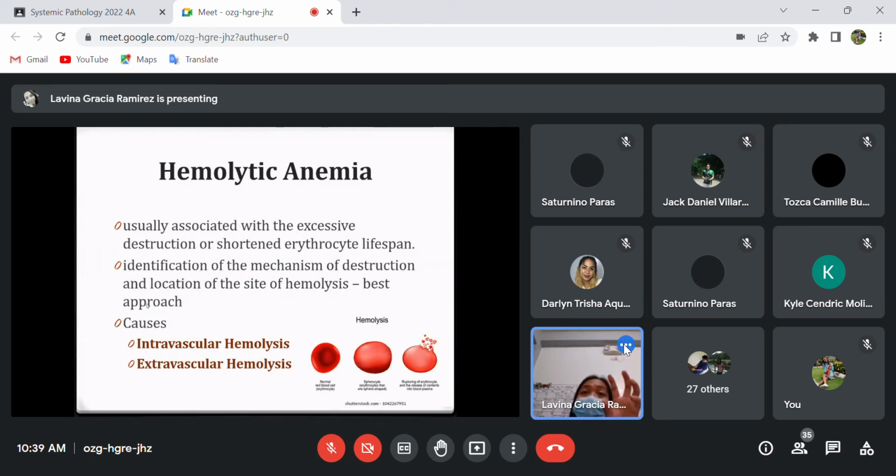If you can see this, these globular circular RBCs are called spherocytes, and these spherocytes are more of a sphere shape that has been recirculated in the circulation to help compensate for the condition of the body for RBC or for oxygenation. So there are chances that they can be recirculated from the reticuloendothelial tissues. But definitely, these spherocytes are already abnormal in terms of shape.